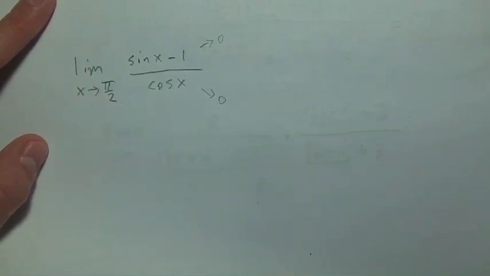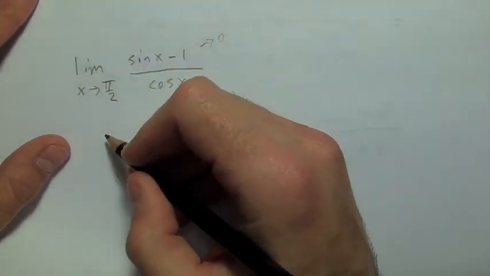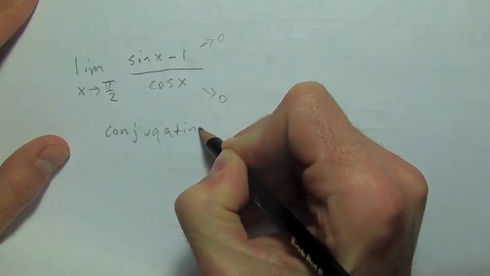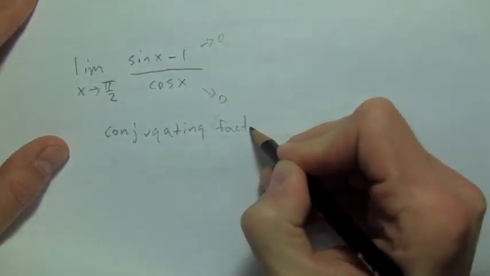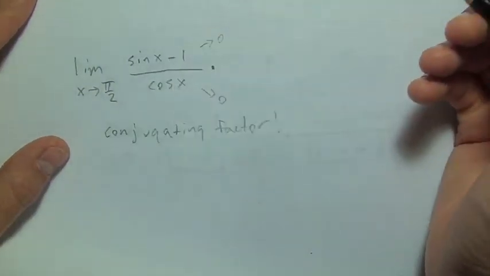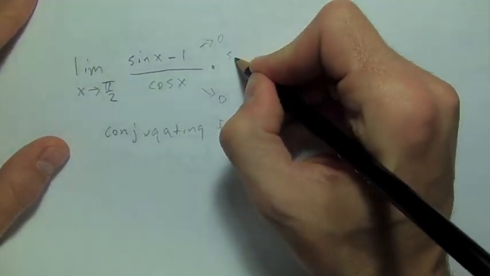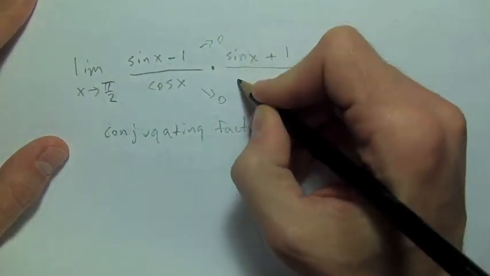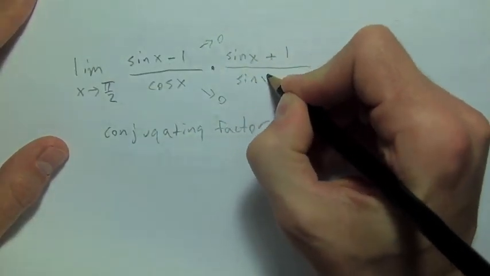So I can't really factor, right? These are trig functions, but I can actually try the conjugating factor. Because all we do is change that middle sign. So this would be sine of x plus 1 over sine of x plus 1.